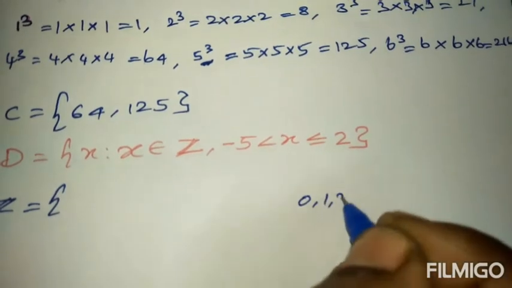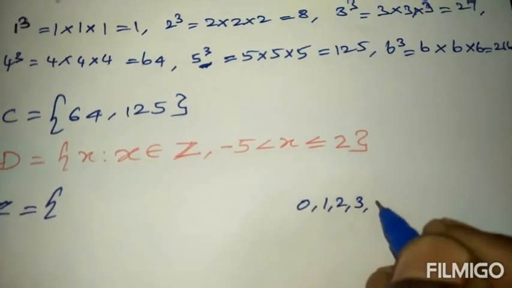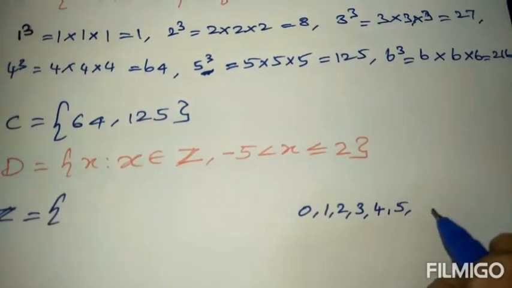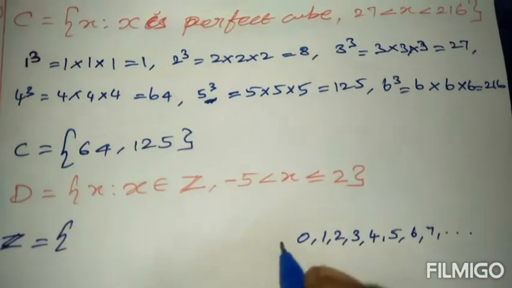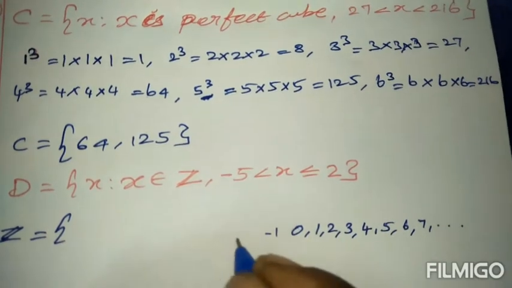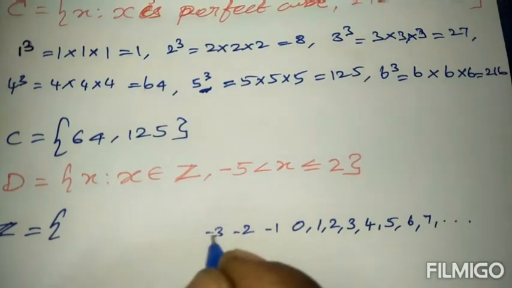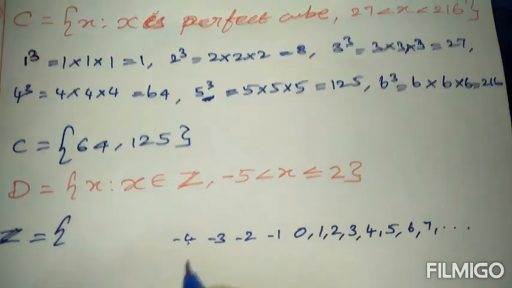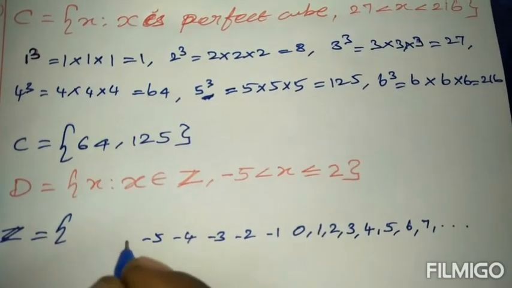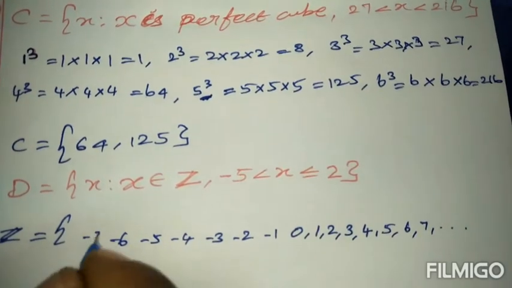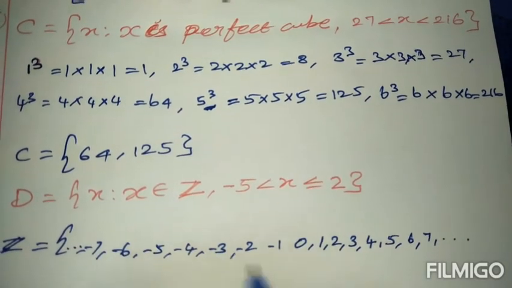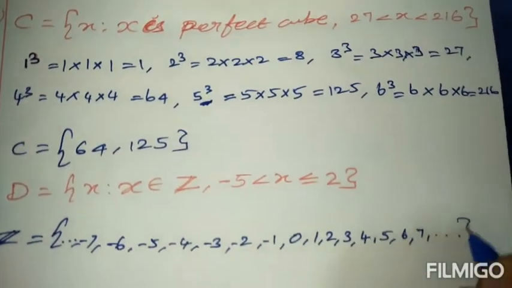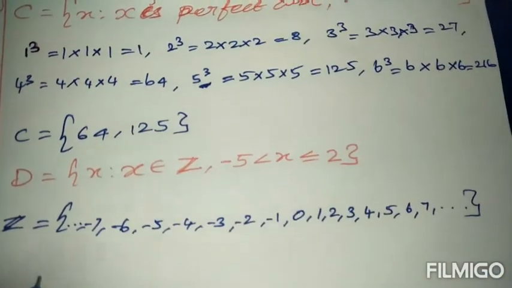Both sides are endless for integers: 1, 2, 3, 4, 5, 6, 7, etc. This side -1, -2, -3, -4, -5, -6, -7. So it is going on. So we have to list out the elements from this.